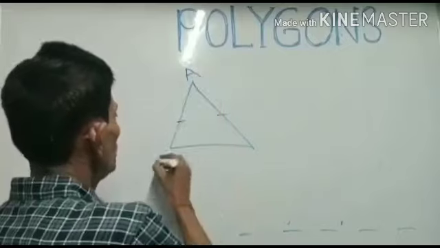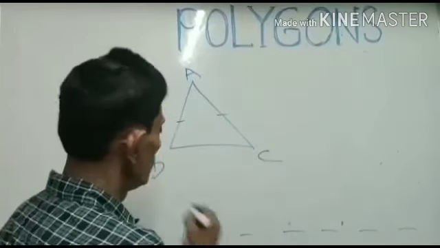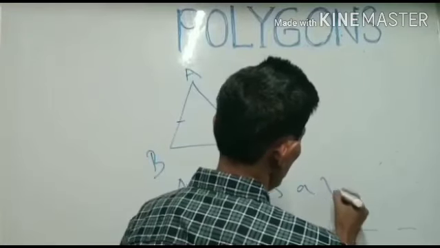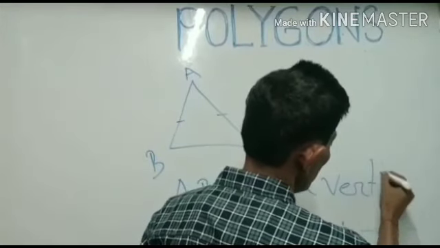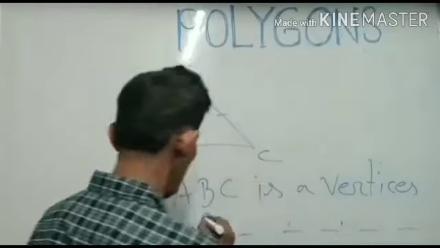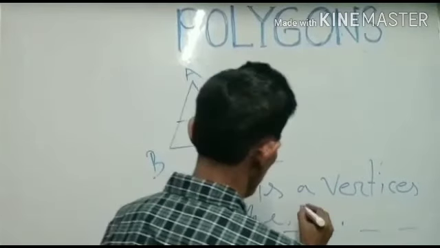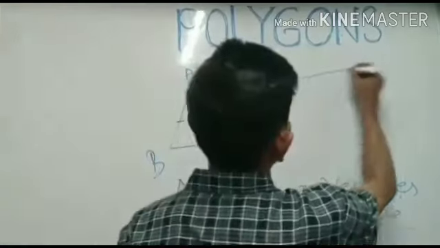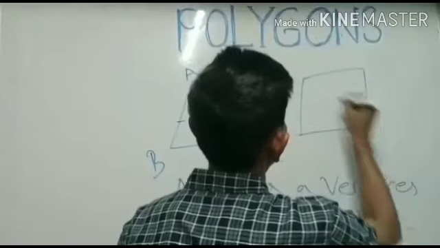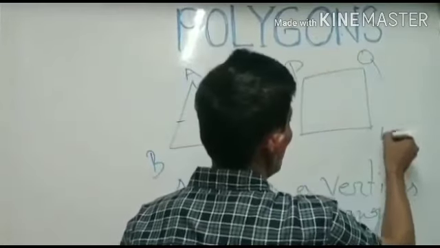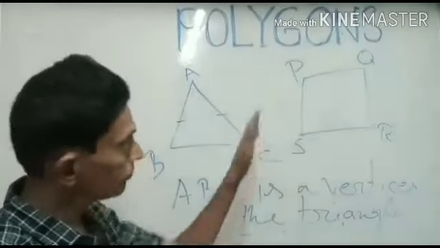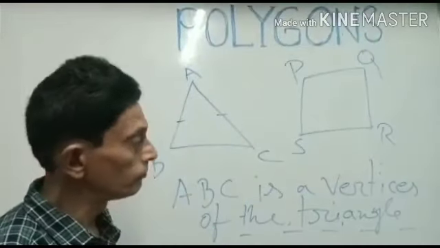The vertices A, B, C are the vertices of the triangle. Same as P, Q, R, S, which are the vertices of the quadrilateral.